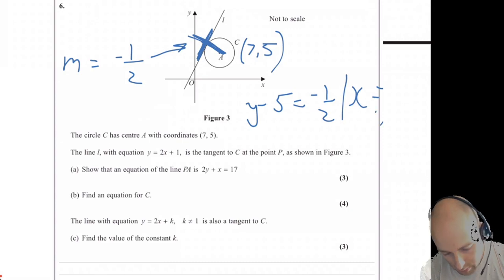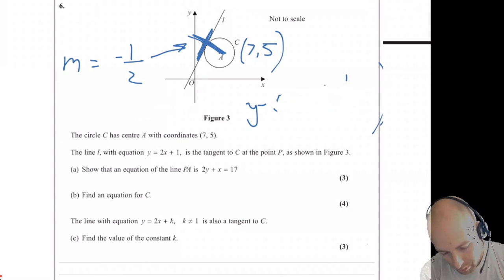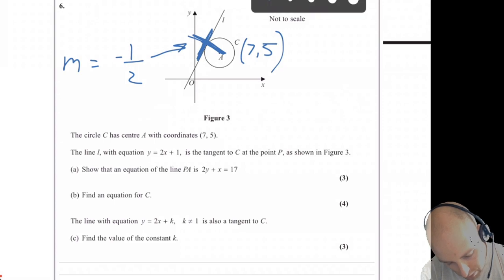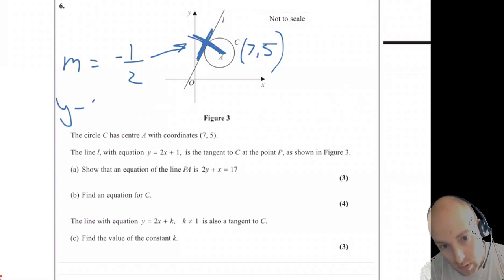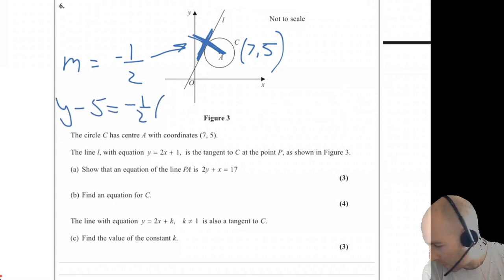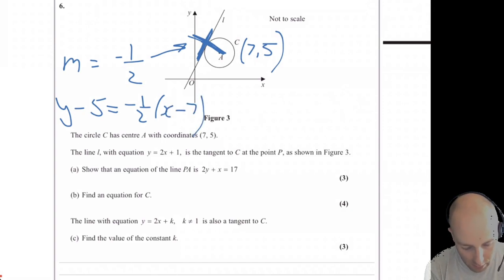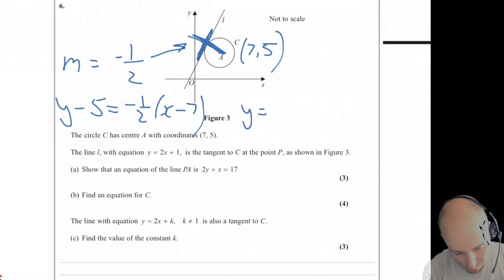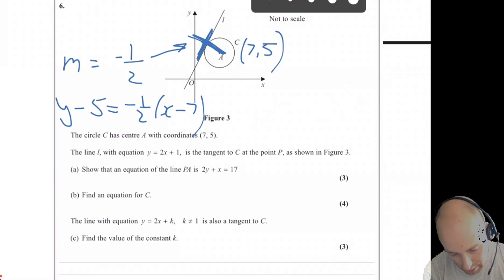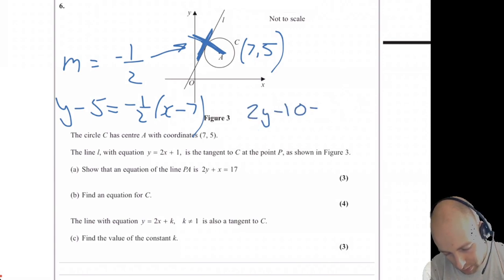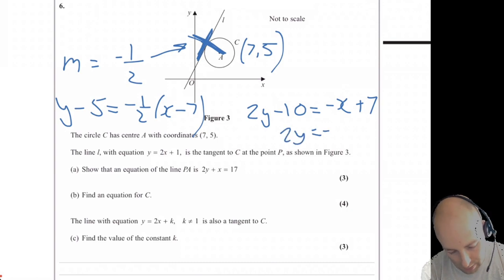Let's do that again: y minus 5 is minus a half x take 7. So expand all that, we get y equals... oh no, we want to keep it as 2y, so we're going to times everything by 2 to get 2y take 10 is minus x plus 7, add the 10 over, 2y is minus x plus 17. Cool, there we go. That's the first bit.